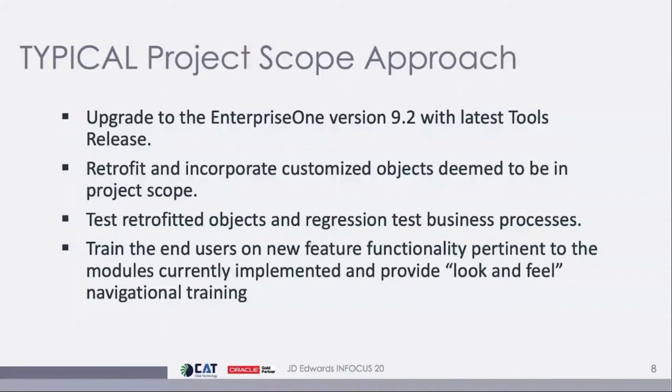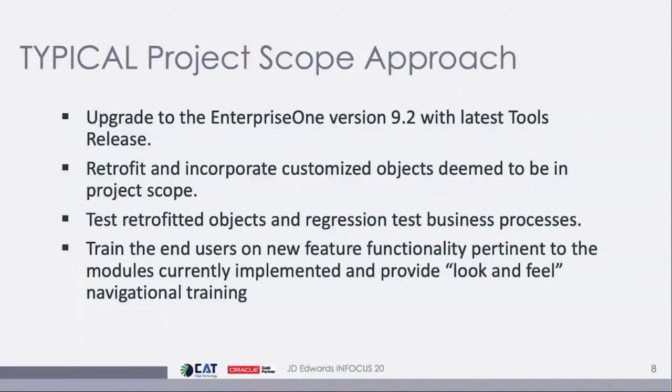So you've got to have a testing approach. You've got to be able to train the end users on the new feature functionality, pertinent to any of the current implemented as well as any new feature functionality. And also, you're coming from a different environment, a different look and feel, a different way to navigate through the system, and that has got to be your regimen for testing.